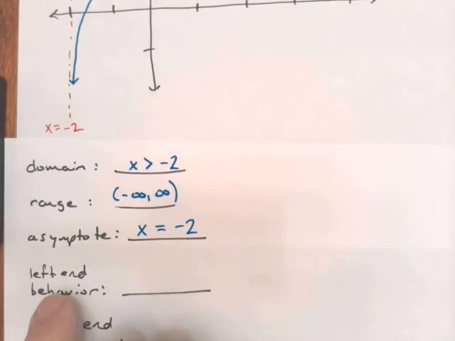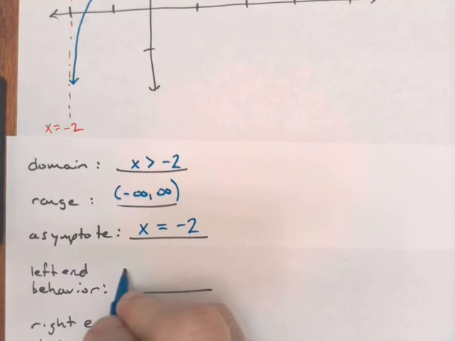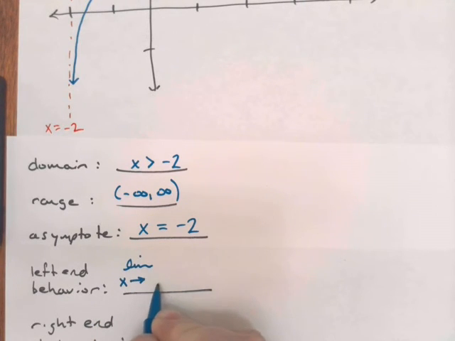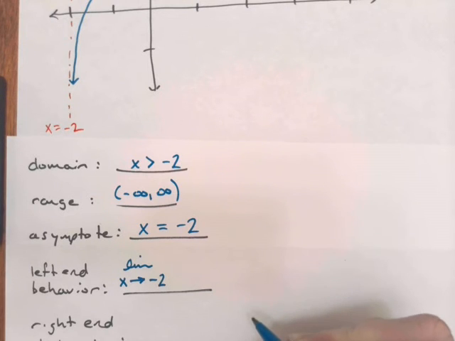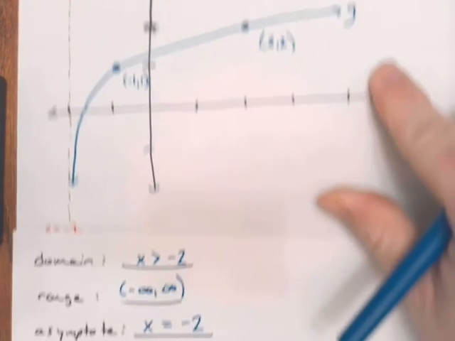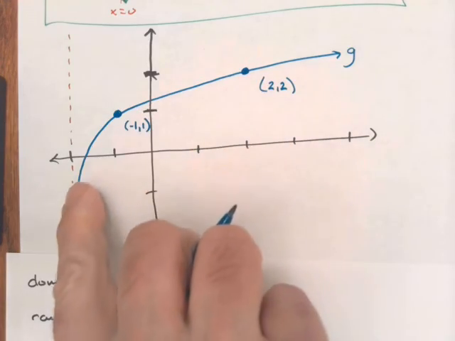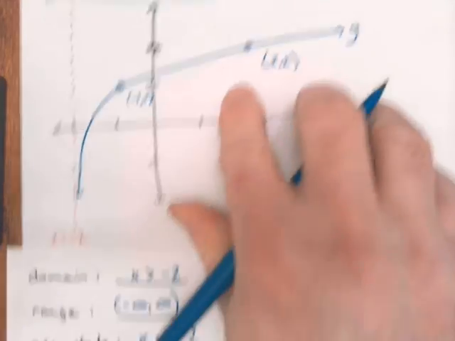So when you do your left end behavior, you're going to do the limit, and we want to say how far over to the left we can go. And we can go over as far as -2.